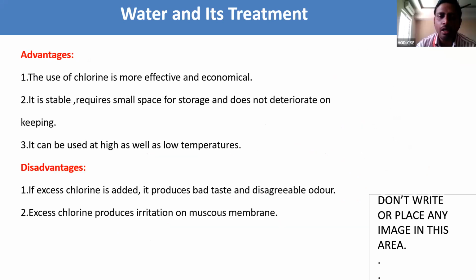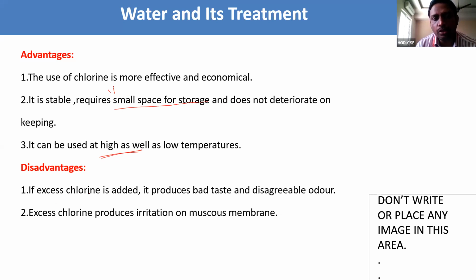Now coming to the advantages of this chlorination. The use of chlorine is effective and economical, and it is stable, requires a small space for storage, does not deteriorate on keeping, and can be used at high and low temperatures.